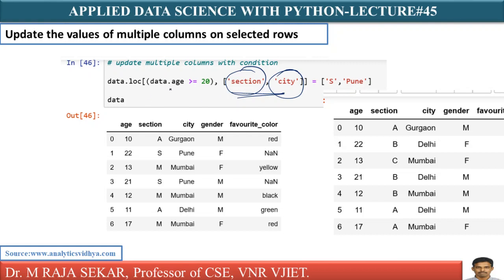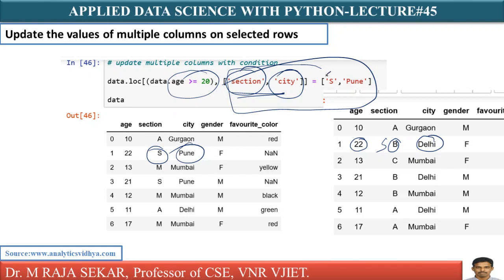Just see, data.age greater than or equal to 20. 22 is greater than or equal to 20. Section must be S. In the place of B, I must write S. City must be Pune. Instead of Delhi, I must get Pune. For those rows whose age is greater than or equal to 20, all those columns will be updated with this S and Pune.